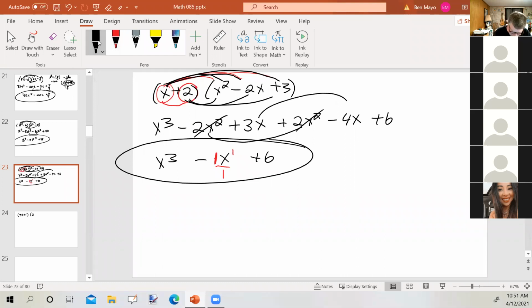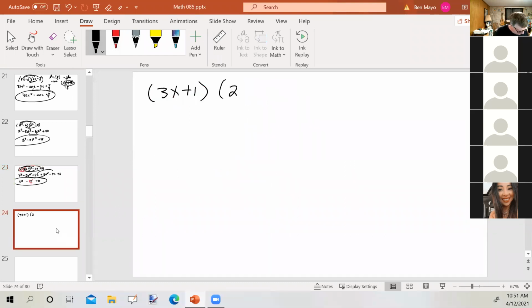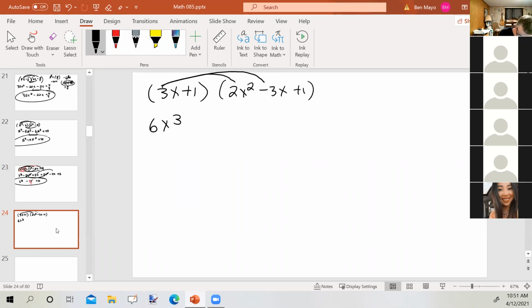All right, let's see here. Back to this one. Okay, 2x squared minus 3x plus 1. So we're going to get 6x cubed minus 9x squared plus 3x.